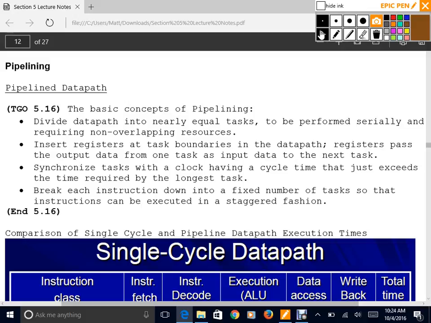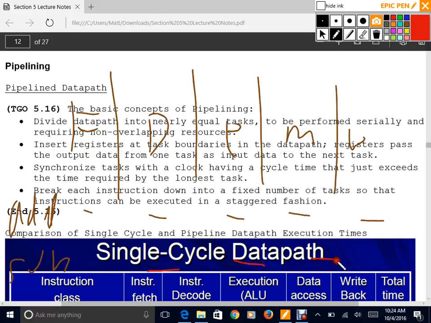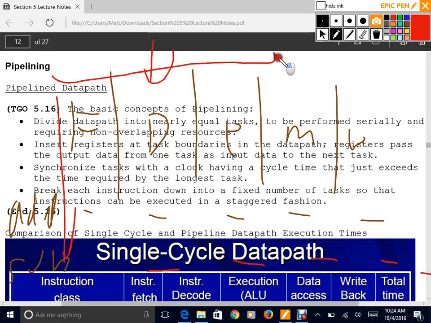Pipelining is basically, so I have my data path, and I have 5 stages, right? Fetch, decode, execute, memory, and write back. So we're going to have an instruction where it's going to do 5 quicker cycles. So we have subtract. Let me make this red. And then it's going to delay a cycle, and they're going to be off by 1. So in this case, it's at this time. So this is instructions by time.